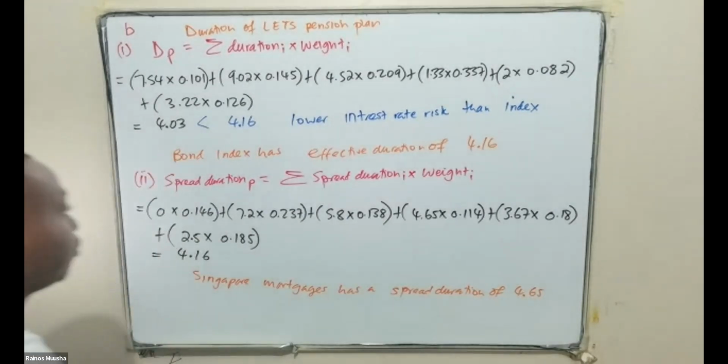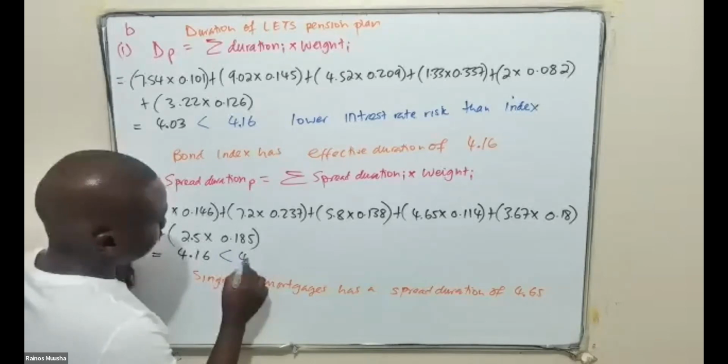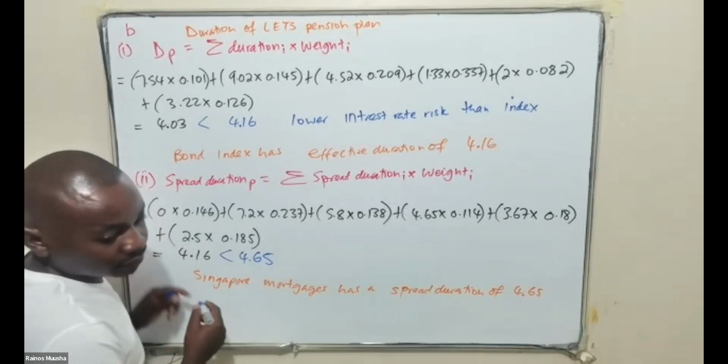How is the spread duration of this portfolio compared to Singapore mortgages? Is it higher? Is it lower? What is it? Lower. So in this case, our spread duration is lower than 4.65.